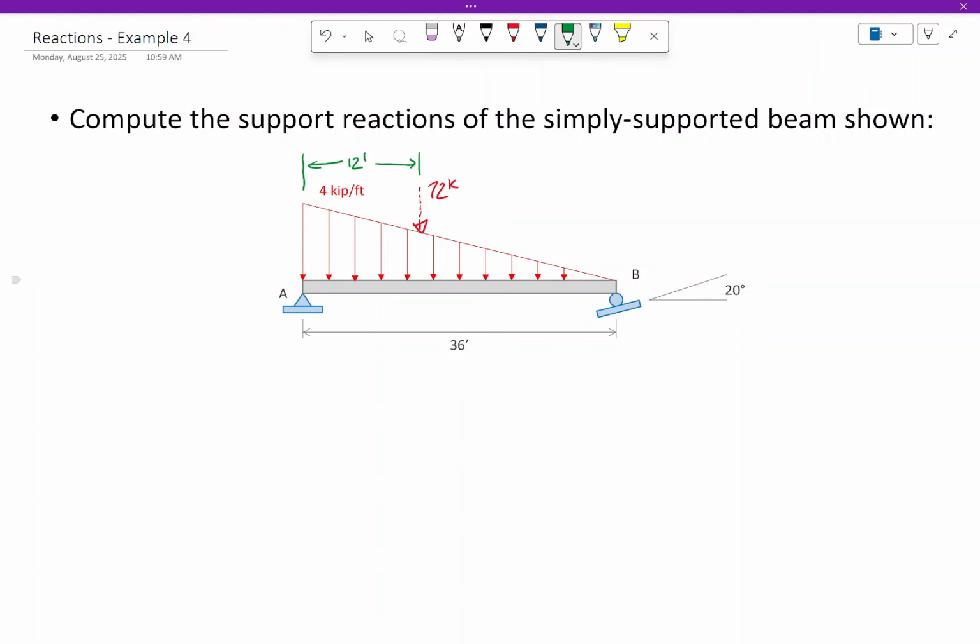Now, I am going to draw those up and to the right. The horizontal one, I'm going to put that one to the right.